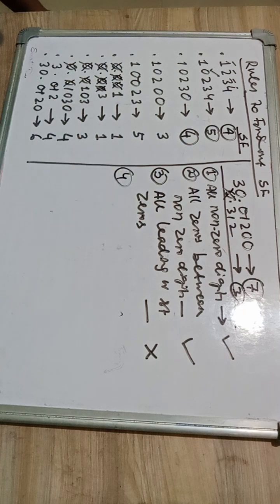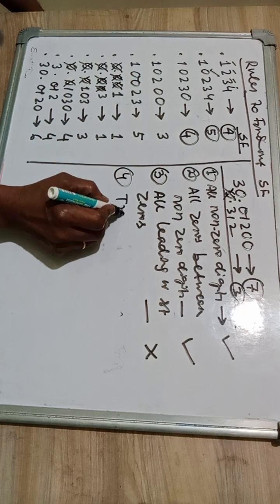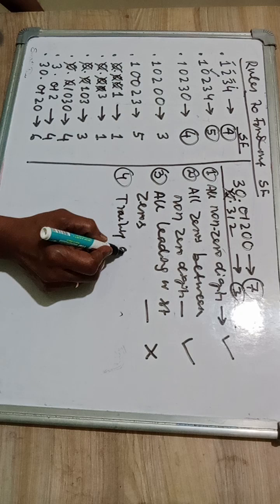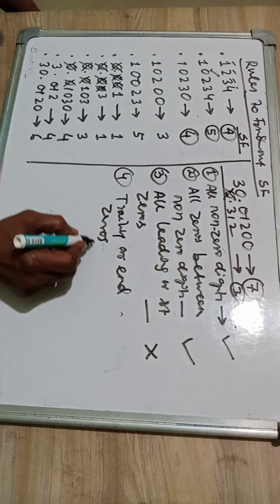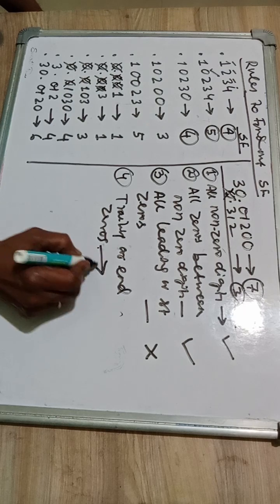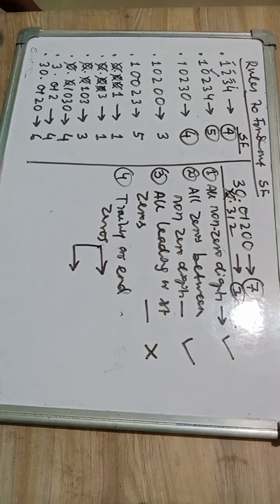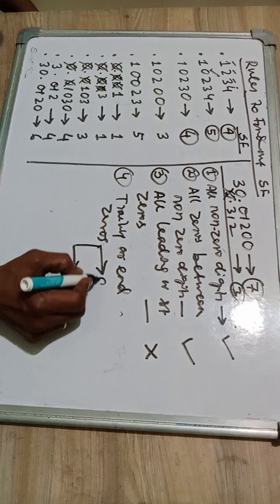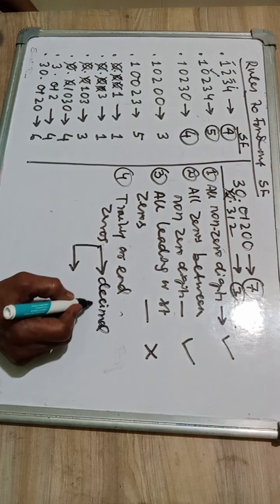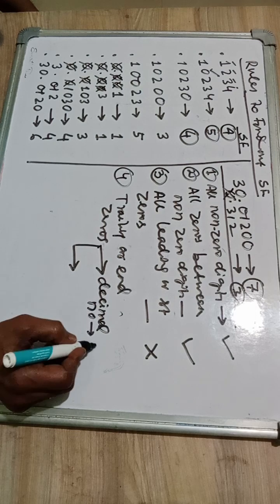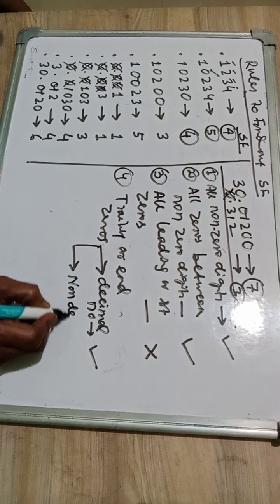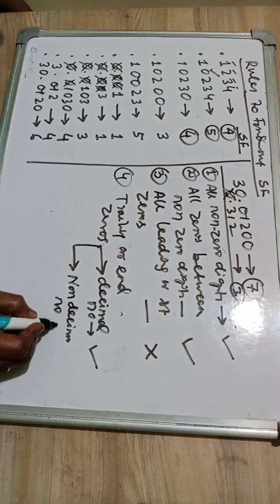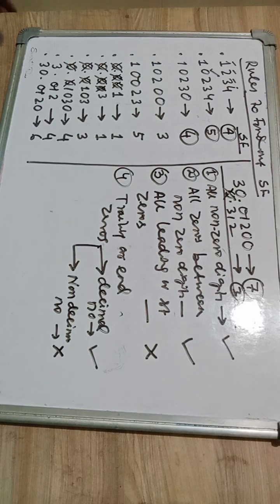Now trailing or end zeros. Here we'll have two options. If it is a decimal number, then they are significant. If it is a non-decimal number, then they are non-significant.